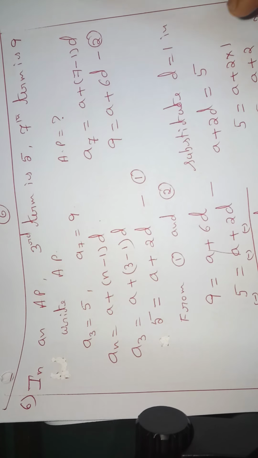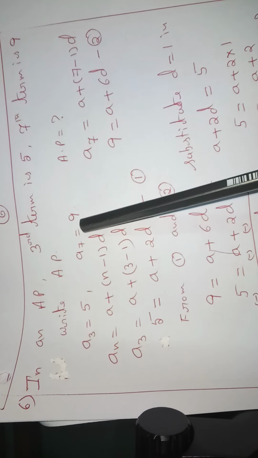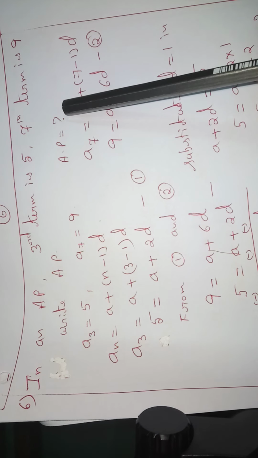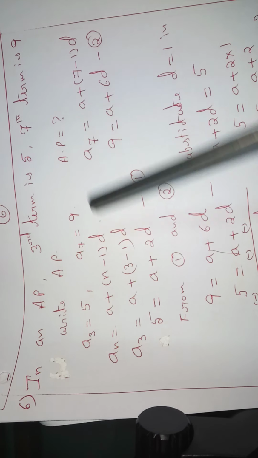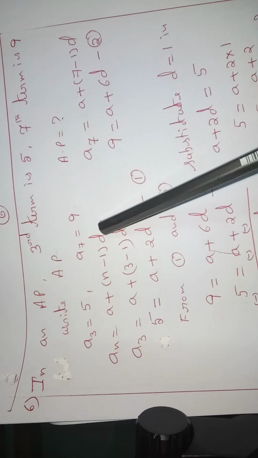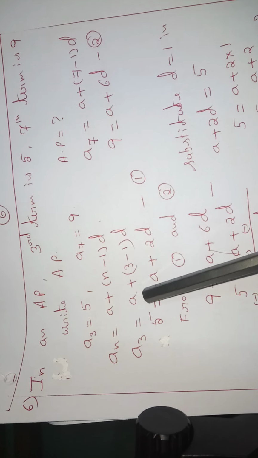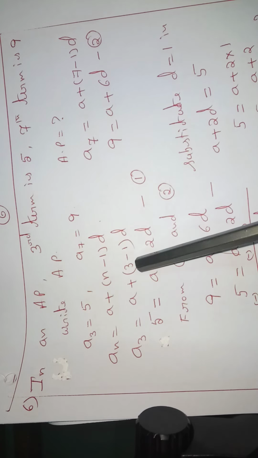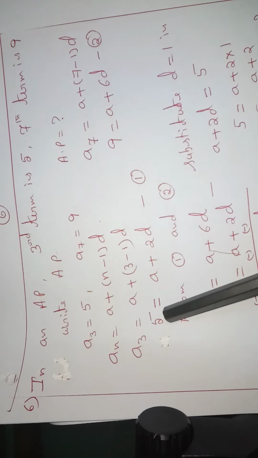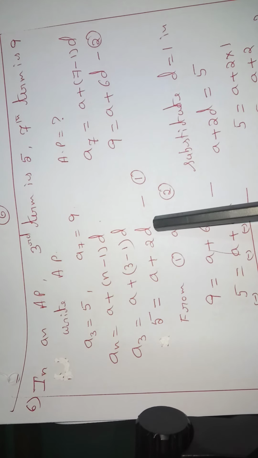Now what are given? We have to write. A3 is 5. A7 is 9. AP how much? Only one formula. AN is equal to A plus N minus 1 into D. A3 is equal to A plus, in place of N you have to write 3 minus 1 into D. A3 value is 5. 5 is equal to A plus 2D.